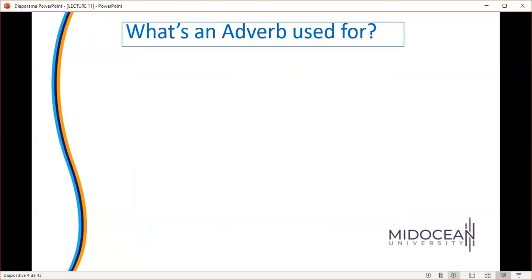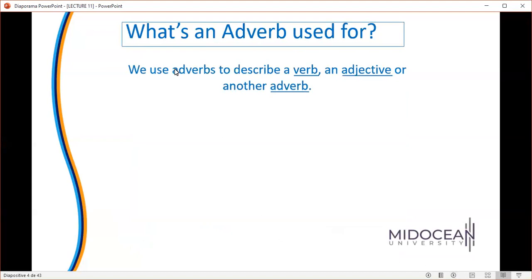So what is an adverb used for? As you know, we use adverbs to describe a verb, an adjective, or another adverb. Example, how does she sing? She sings beautifully.